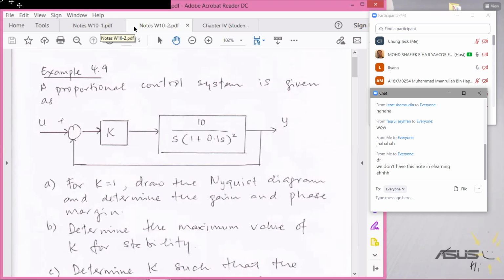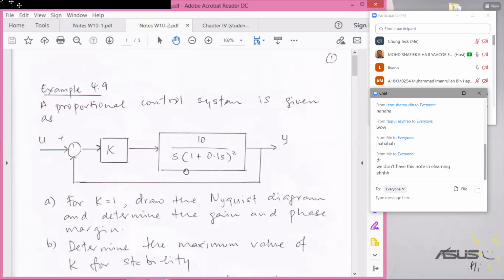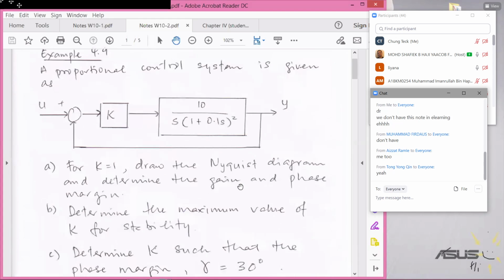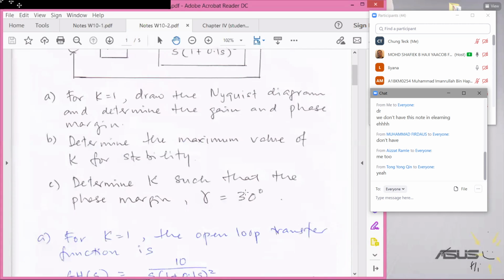Anybody else that don't have this note, or you cannot find this note on your e-learning? Anybody else? Probably I'll go and double check that. Anybody else have any problem extracting these notes from e-learning? Anybody else? What the hell's going on here? It is there.